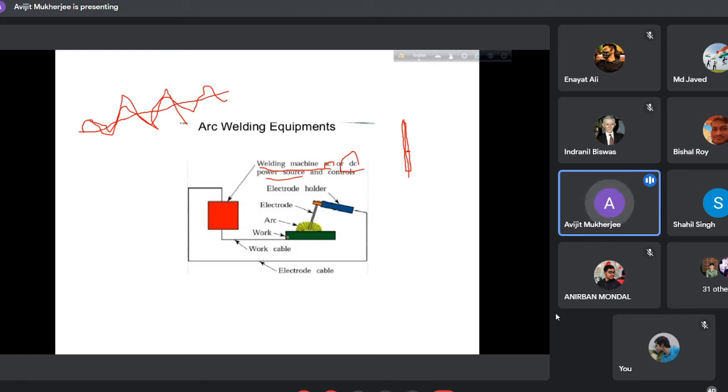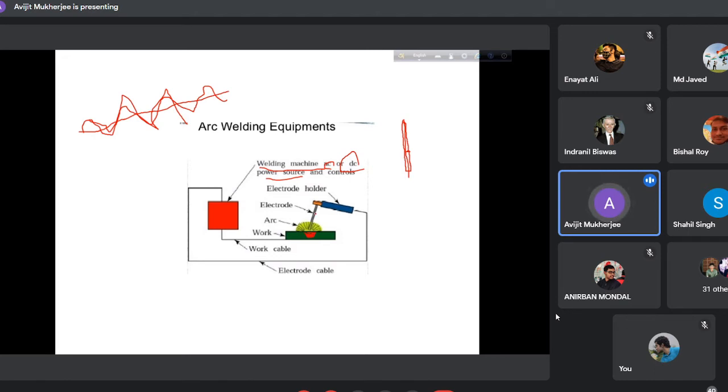And this is the other cable, which is connected with the workpiece, the work cable. This is the work. When arcing is initiated, the arc is established, and the temperature of this arc is so high that the metal here will be melted.